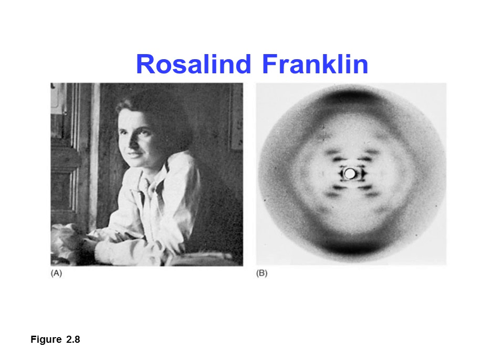Unfortunately, because she was working with X-rays, she died of cancer several years later, and when the Nobel Prize was awarded to those who contributed to these studies, it was given only to Maurice Wilkins, James Watson, and Francis Crick, since the Nobel Prize is not given to those who have passed away.